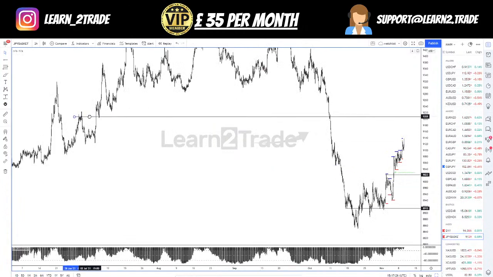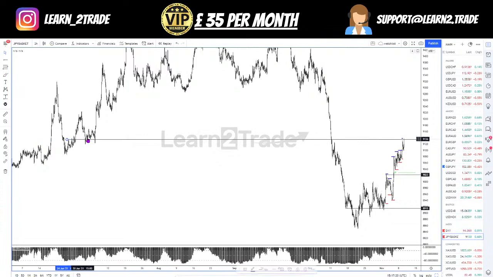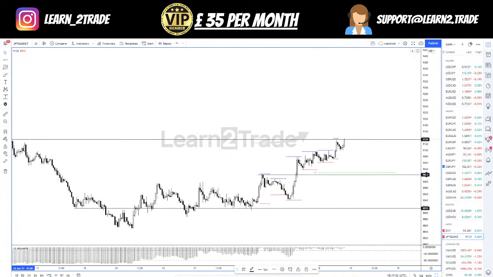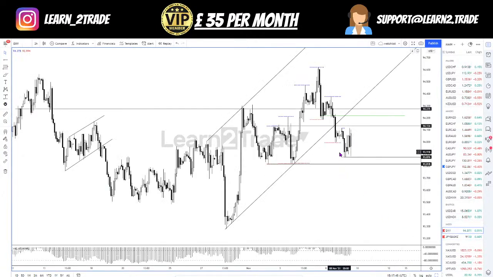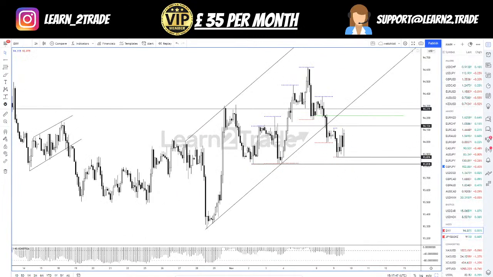This is the level that we're looking at. And if the Japanese yen breaks this level to the upside, it's very likely that I'm going to get stopped out on the pound yen, right? DXY, again, non-directional. It's trading in the no trade zone for me at the moment, right?